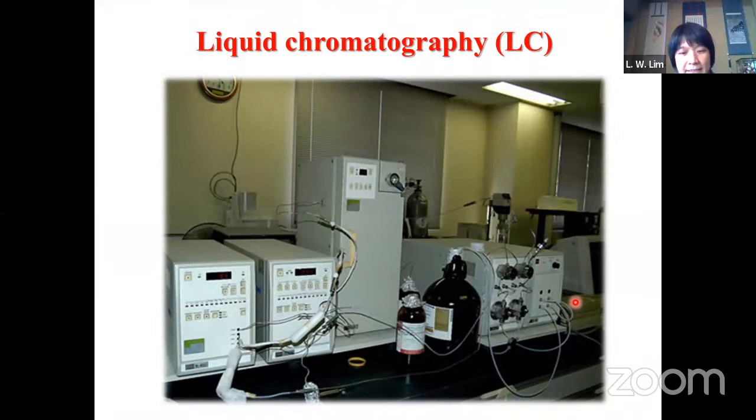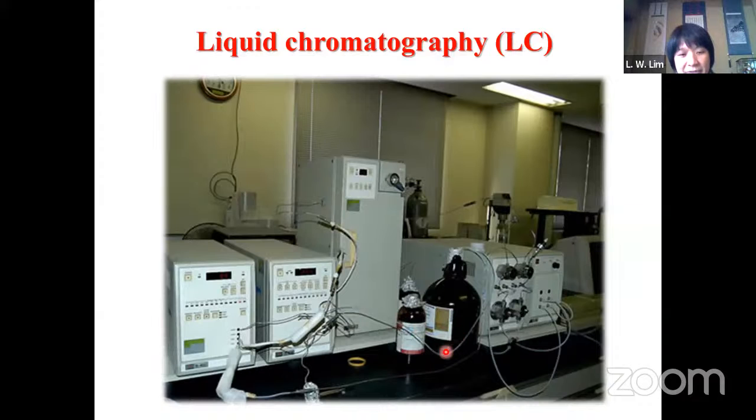So this is a conventional HPLC system, which we have in our laboratory. It looks a bit messy because of the connection tubes. And this big bottle is the bottle of the waste, actually. The small bottle is the eluent.